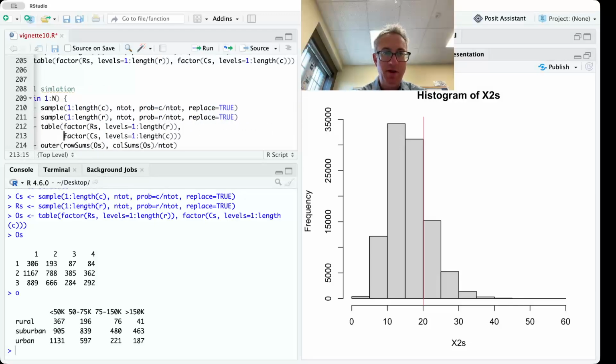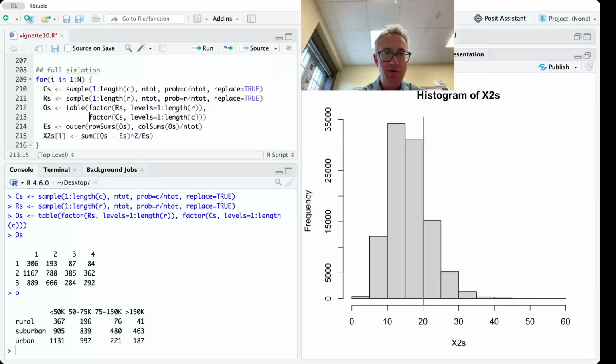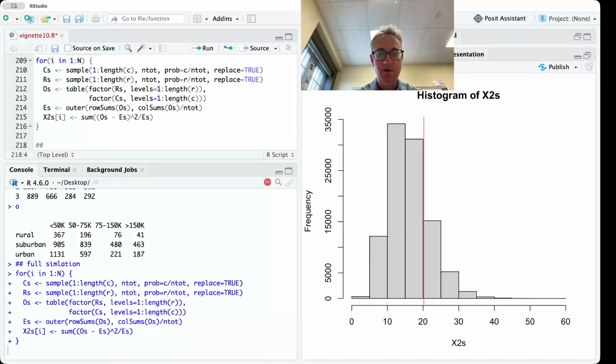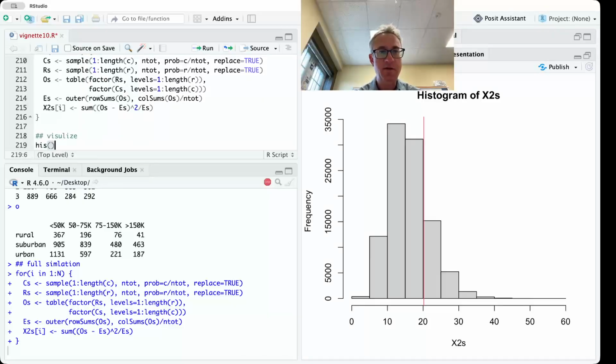I'll put a new line here because that kind of looks gross. And then everything else I think is the same. So it's going to go. And it could be a little slow because I'm doing a little more sampling. But the visualization is going to be the same once it's ready.